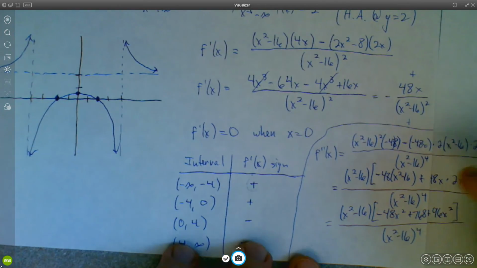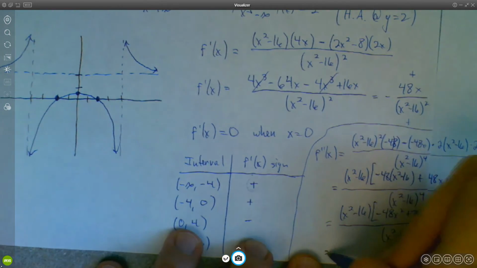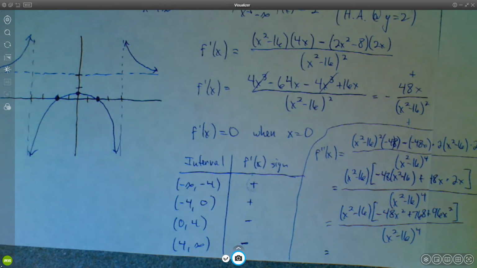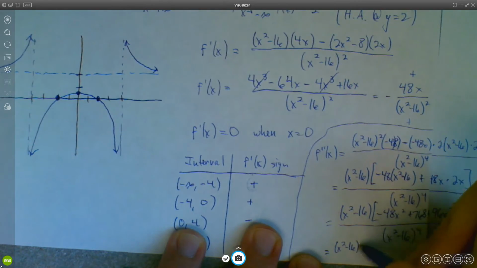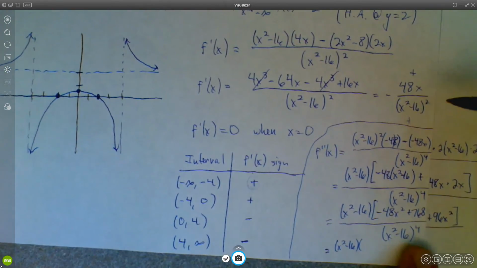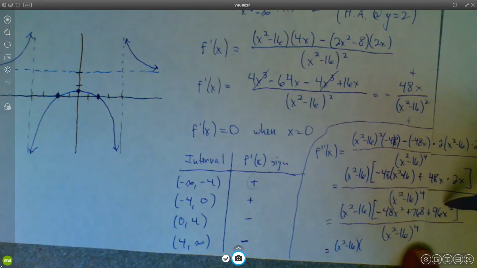Let me take it one more step. So I'm going to try to squeeze it in here. X squared minus 16. Okay, 96 minus 48 is going to be 48. And then I know that 48 is a factor of these two numbers.